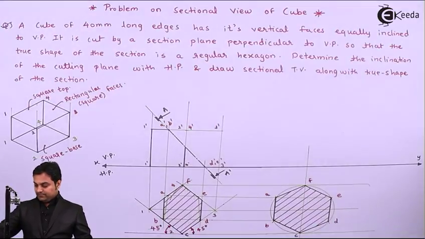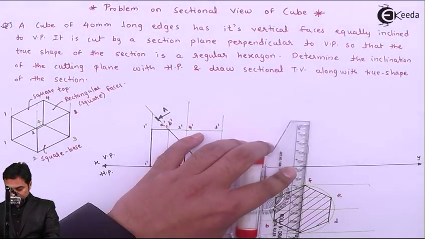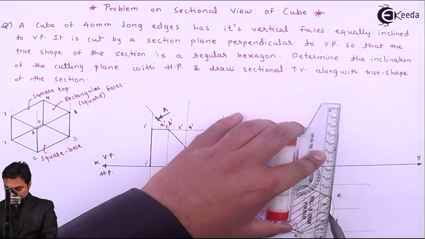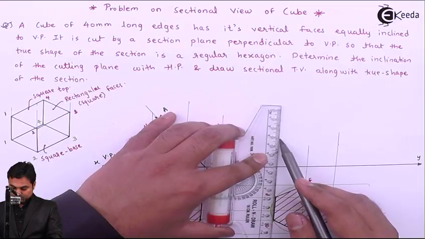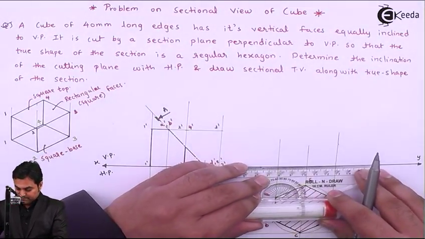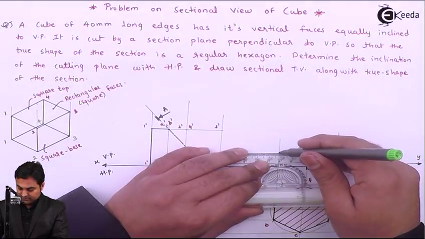Then I'll project the cutting plane in the front view. And that cutting plane will be a line made parallel to HP, or we can say the XY line.